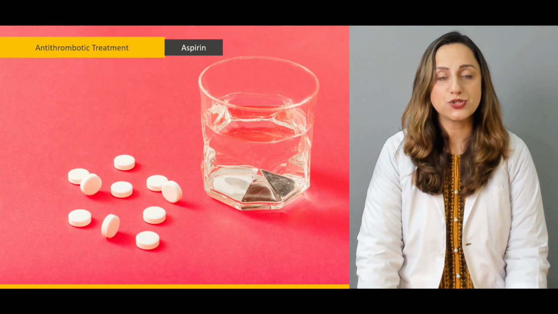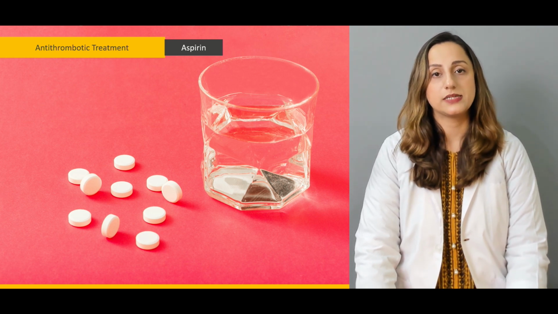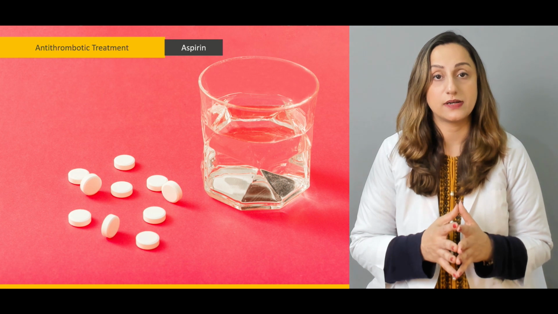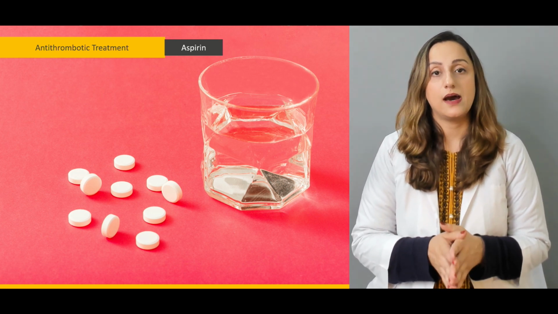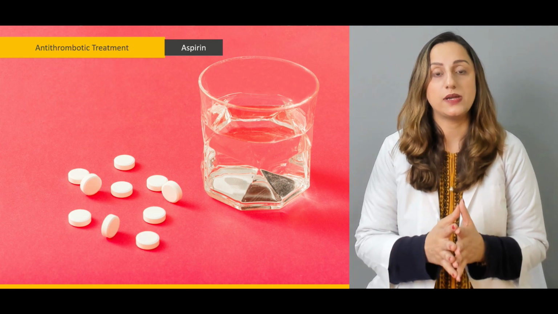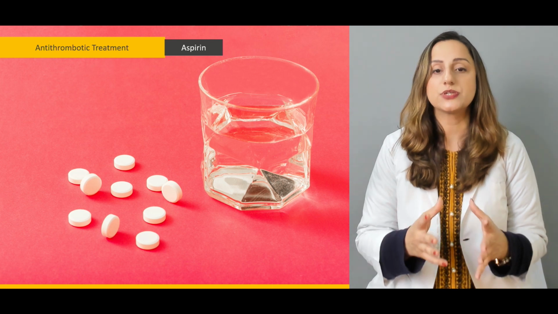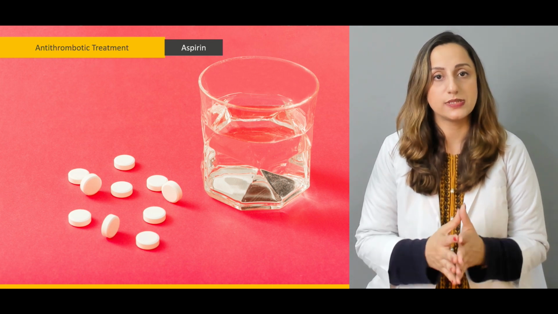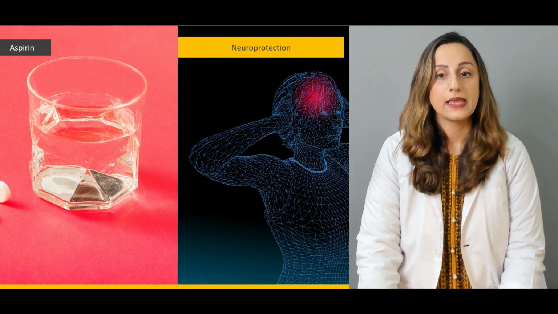Antithrombotic treatment with aspirin is one of the variants that is prescribed to the patient when he goes back home to his normal life, and we are performing the rehabilitation for this particular patient. We can prescribe aspirin on a regular basis.